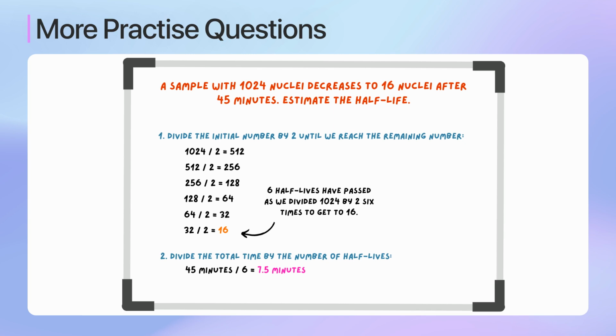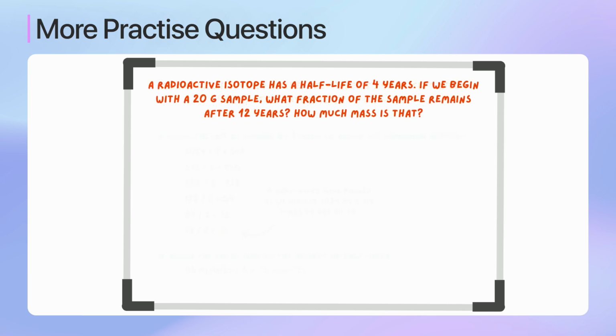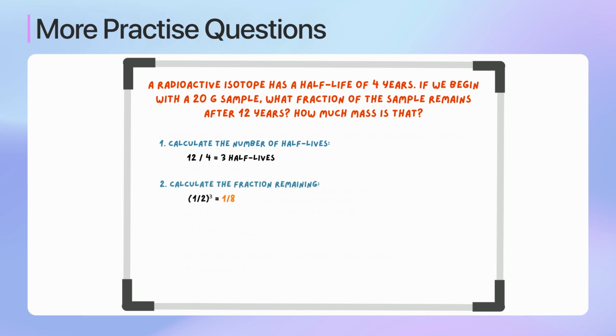Let's try one final problem. A radioactive isotope has a half-life of 4 years. If we begin with a 20-gram sample, what fraction of the sample remains after 12 years? How much mass is that? Firstly, we need to determine the number of half-lives passed. 12 years divided by 4 years gives us 3 half-lives. Next, we need to calculate the remaining fraction of the sample.